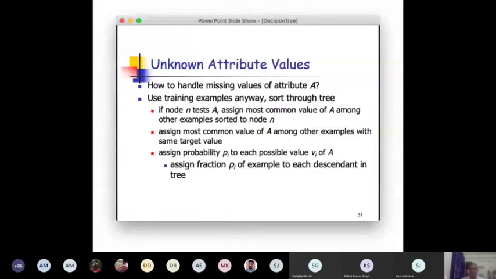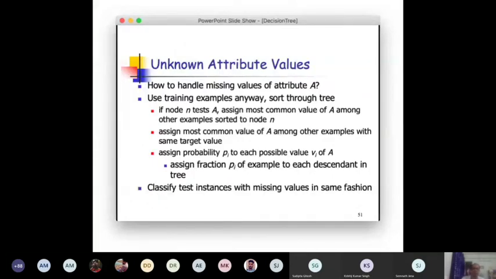That means you find out what is the probability of a value occurring in your whole distribution, and then if some values are missing at a certain node, you can consider that distribution to assign these values and use them for propagating to the descendant nodes.